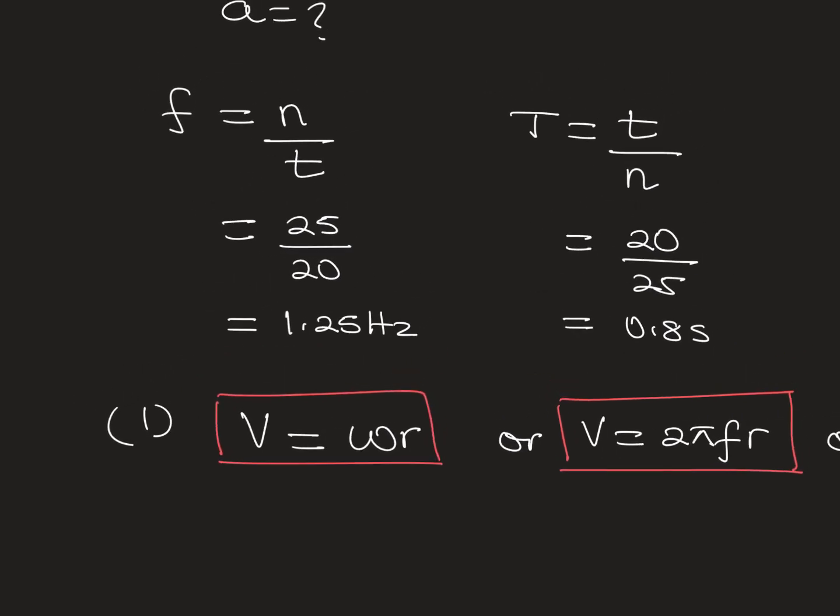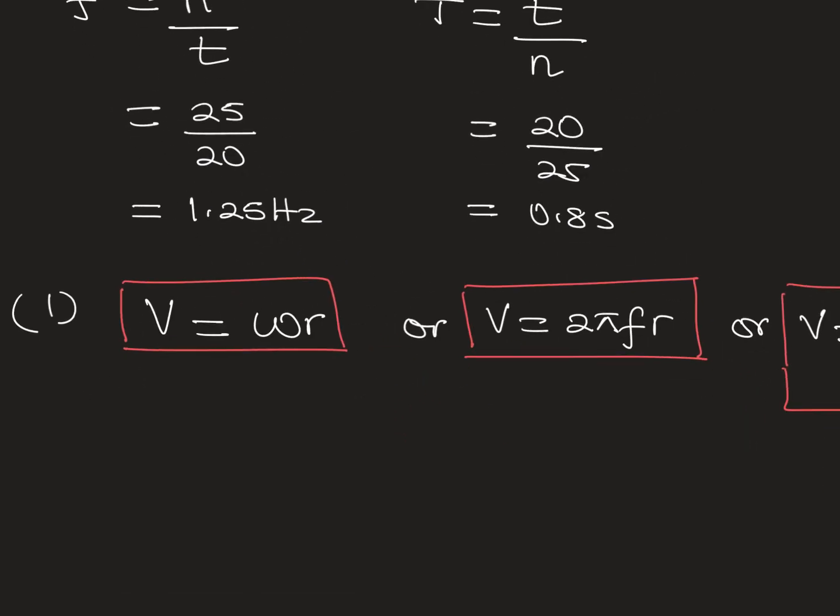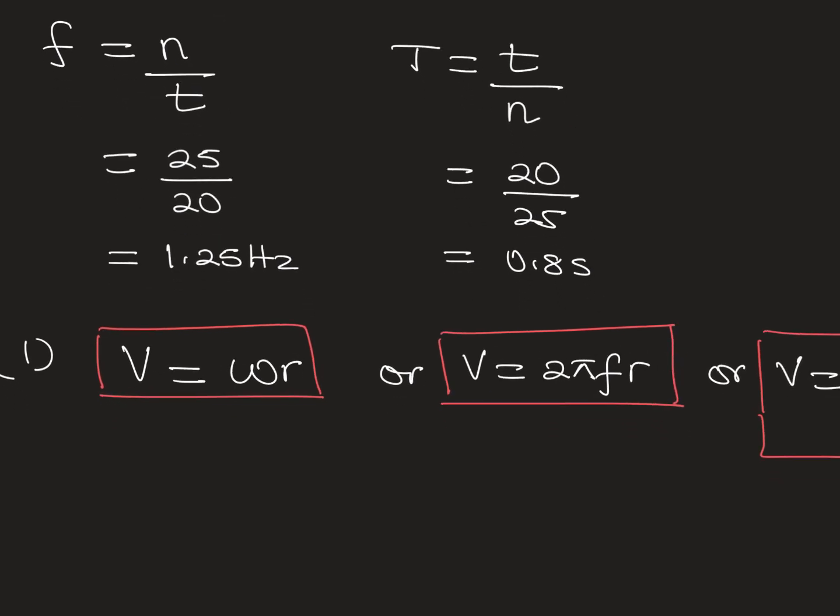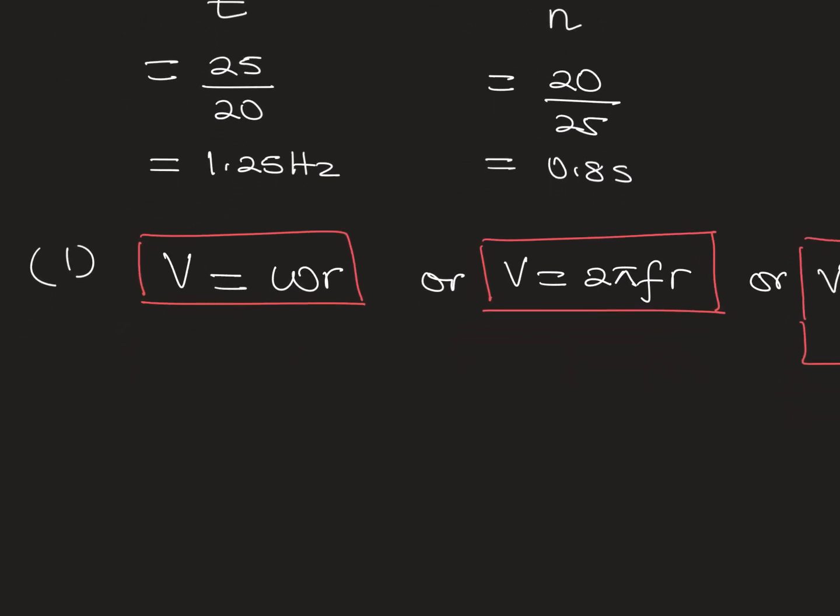So is there any way we can find the angular velocity? Yes. The formula for angular velocity is that angular velocity is equal to 2 pi divided by the period.